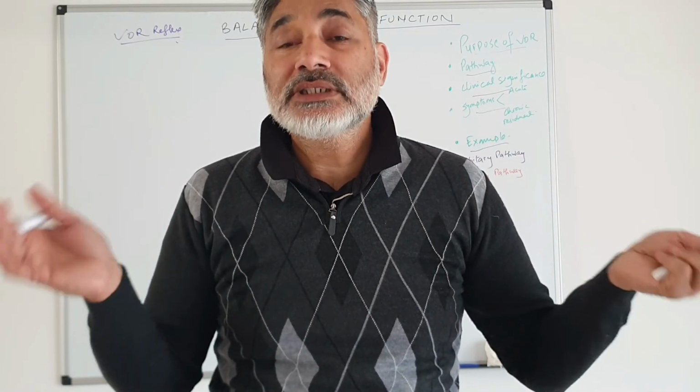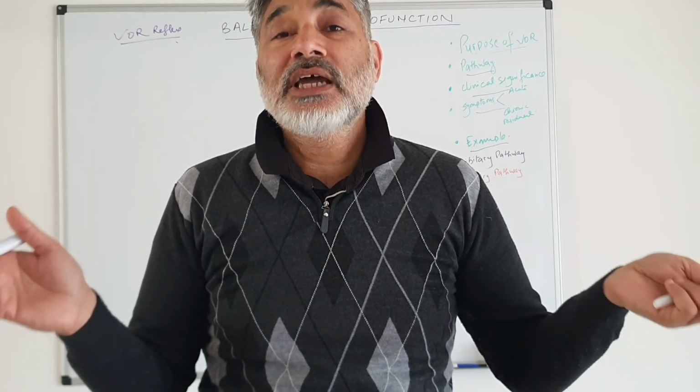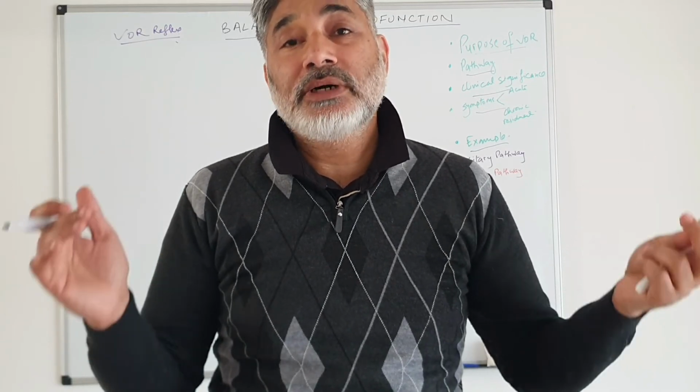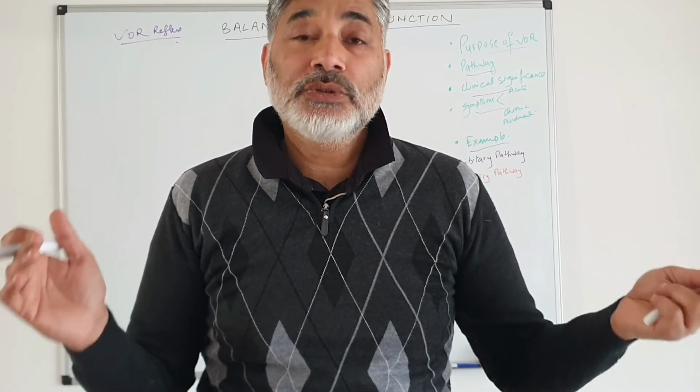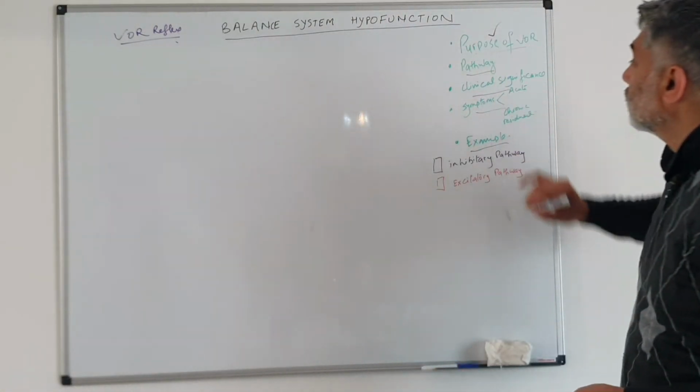So the whole purpose is, when the head is moved, to ensure the seen world picture is taken absolutely accurately and held steadily on the center part of the eyes for maximum visual acuity. That's the whole purpose of this reflex. Okay, so the purpose is discussed.